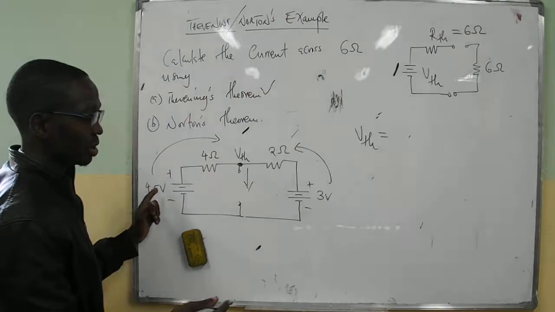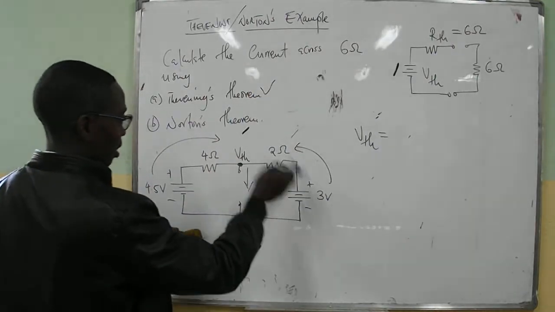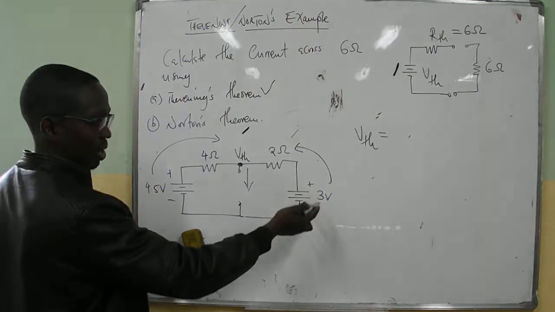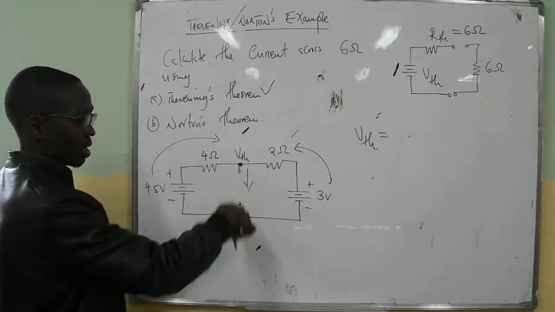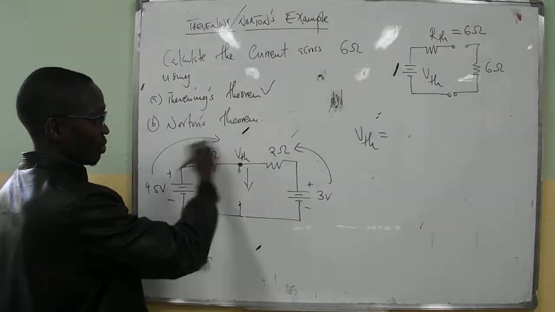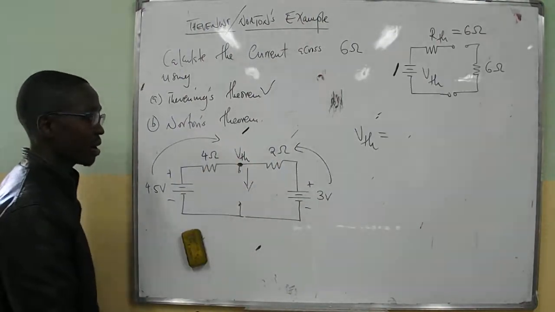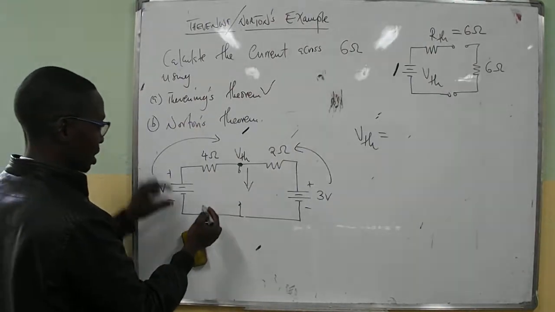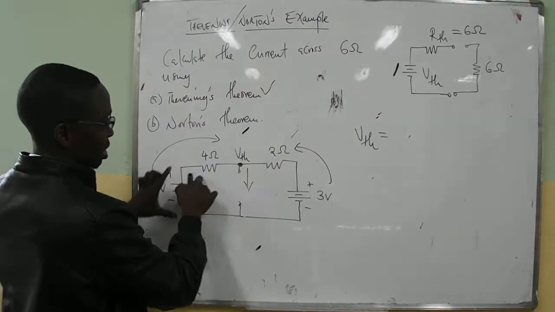So, using Kirchhoff's current law, the summation of currents entering is equal to the summation of currents leaving. Currents entering, you have this one. So, you've got 2 voltages here, this voltage and that voltage, and the resistor there.